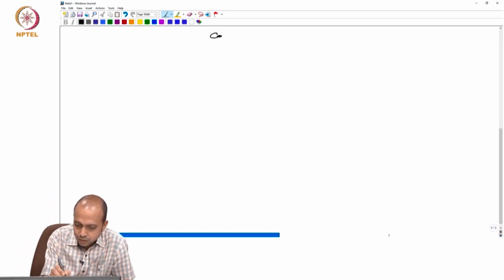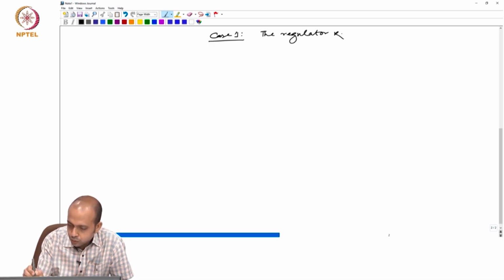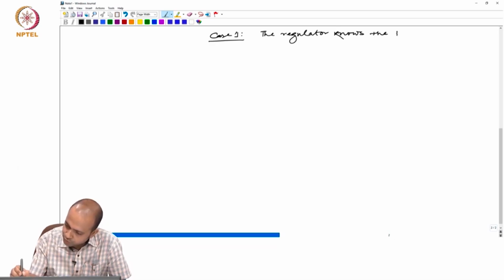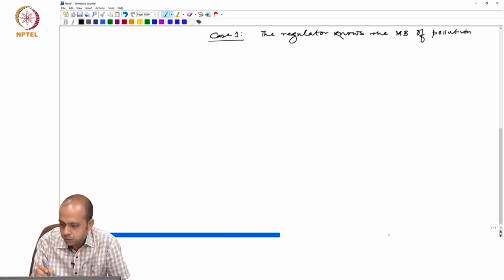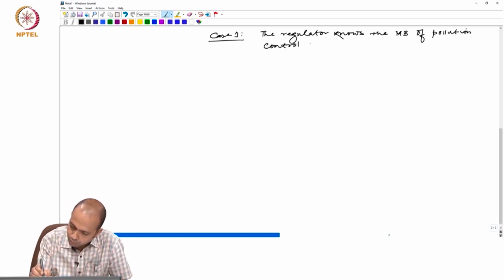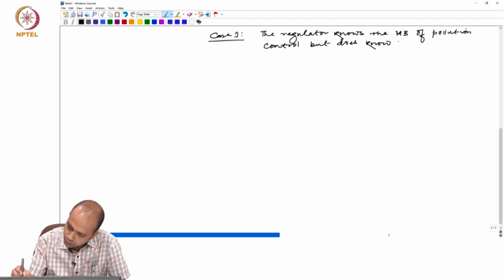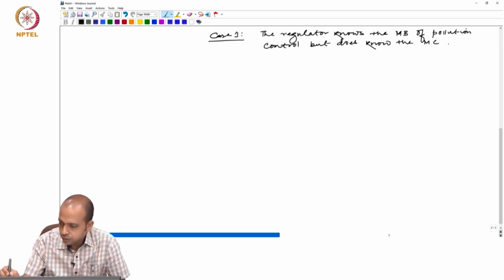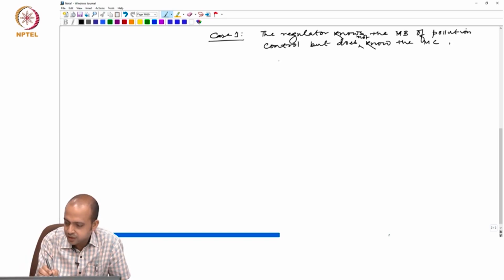So, this is case 1, and in case 1 the regulator knows the marginal benefit of pollution control, MB of pollution control, but does not know the MC, which implies MC is uncertain.